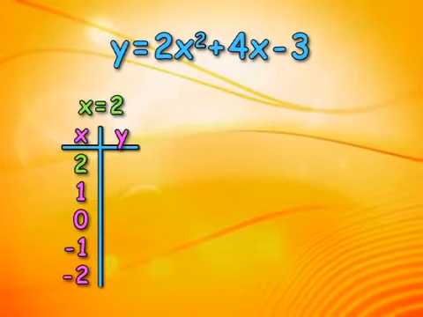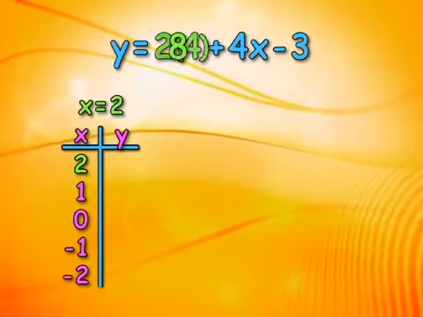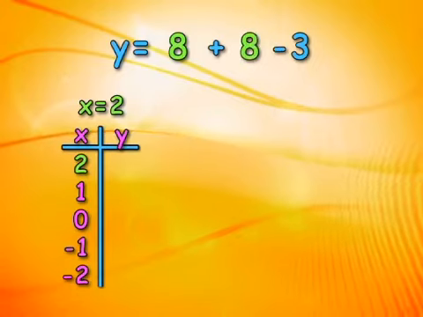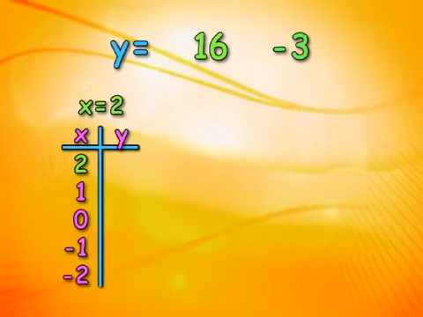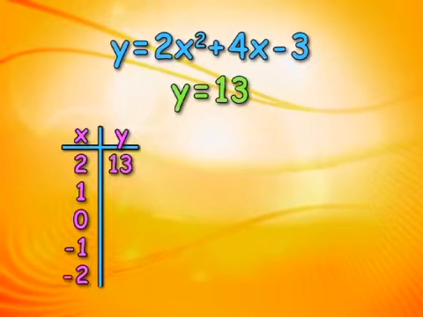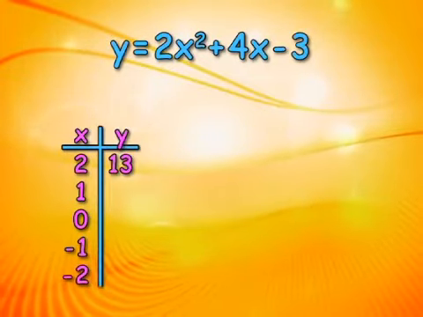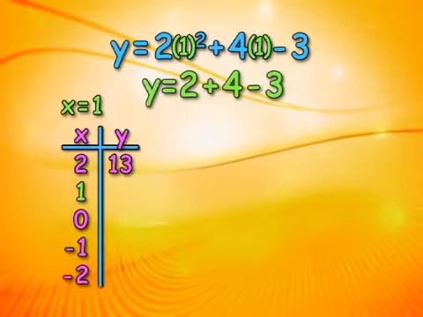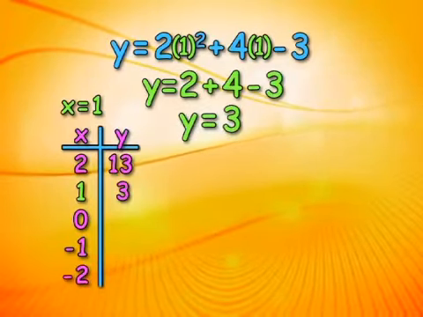When x equals 2, 2 squared is 4, 2 times 4 is 8, 4 times 2 is 8, 8 plus 8 is 16, and 16 minus 3 is 13. So, y equals 13. We can perform the same operations when x equals 1. So y equals 3, and so forth.